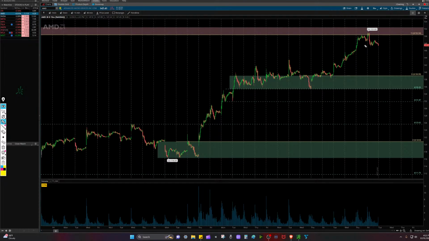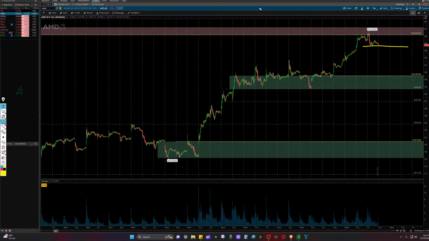And if it opens Monday or Tuesday below this level or acts as a resistance at 147, then I can say that this might be heading down to find a possible support area around 140 to 138, which is my daily demand area.